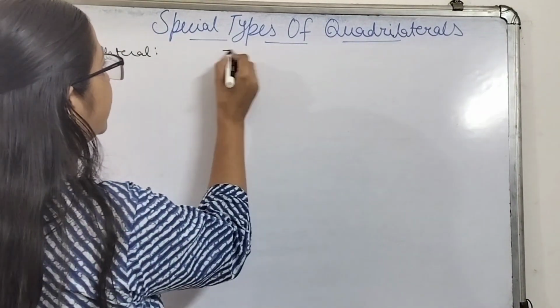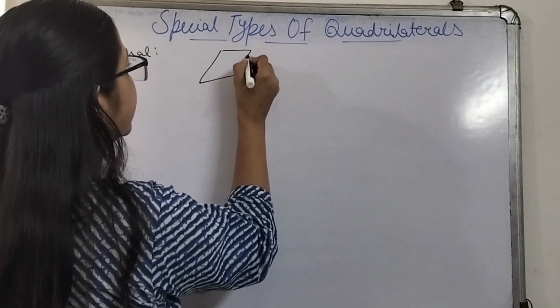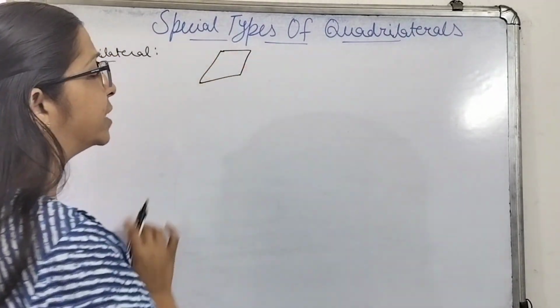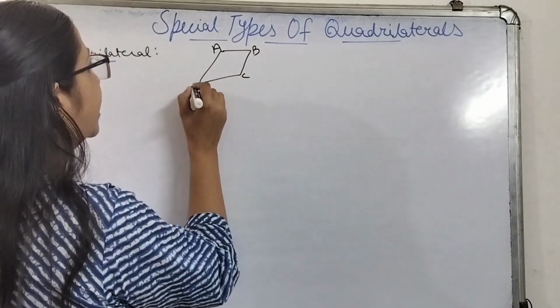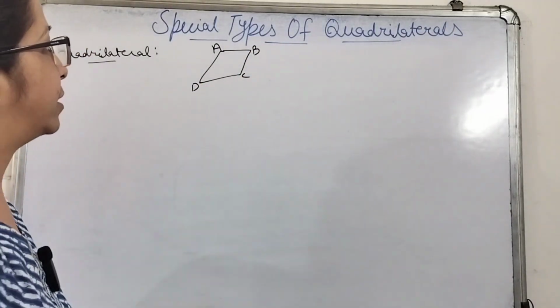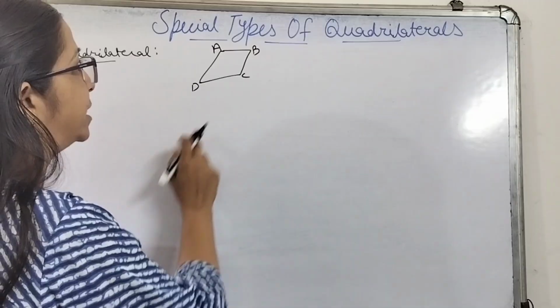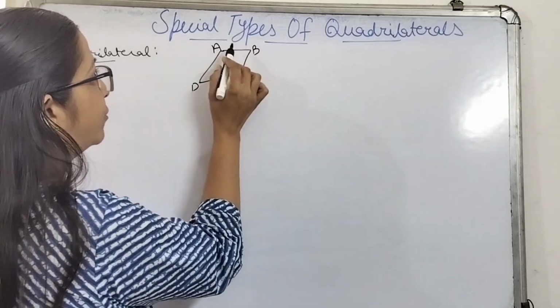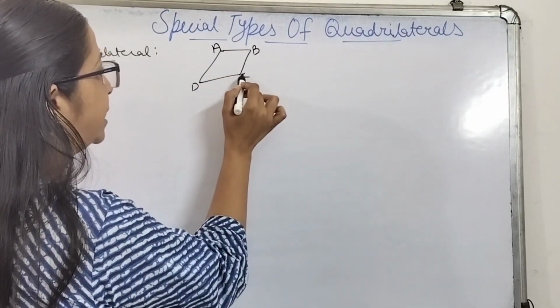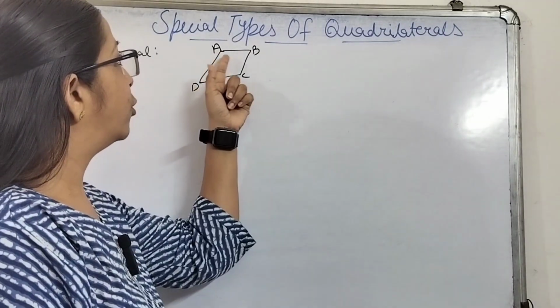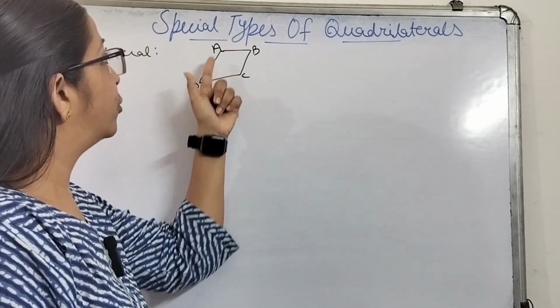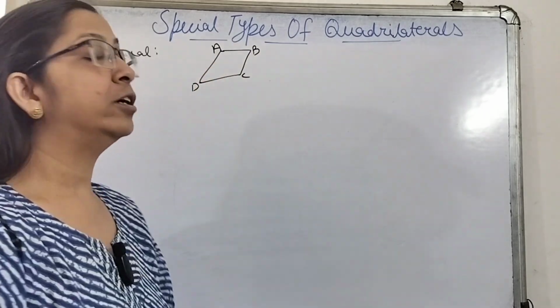So over here we can see that this is a quadrilateral because it has four sides. Suppose it is A, B, C and D. The quadrilateral ABCD has four sides: AB, BC, CD and AD. It has four sides, four angles, four vertices, and two diagonals.